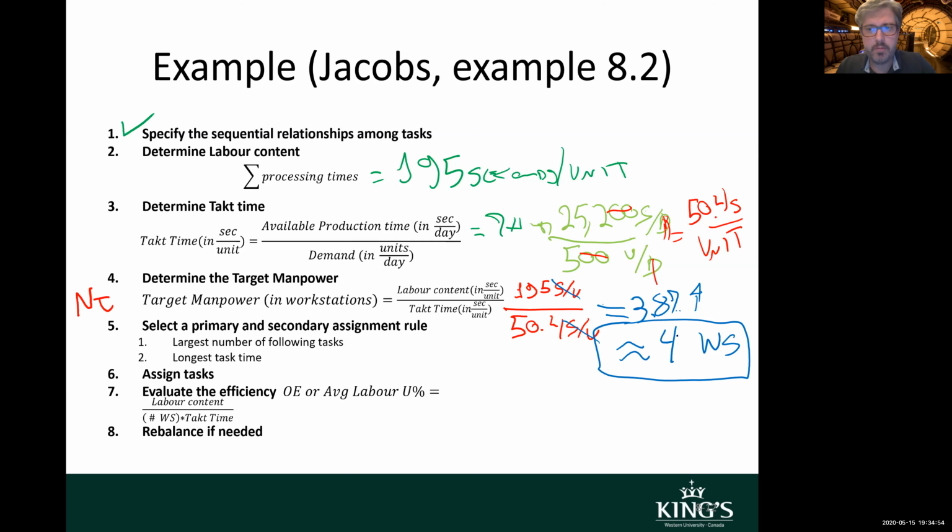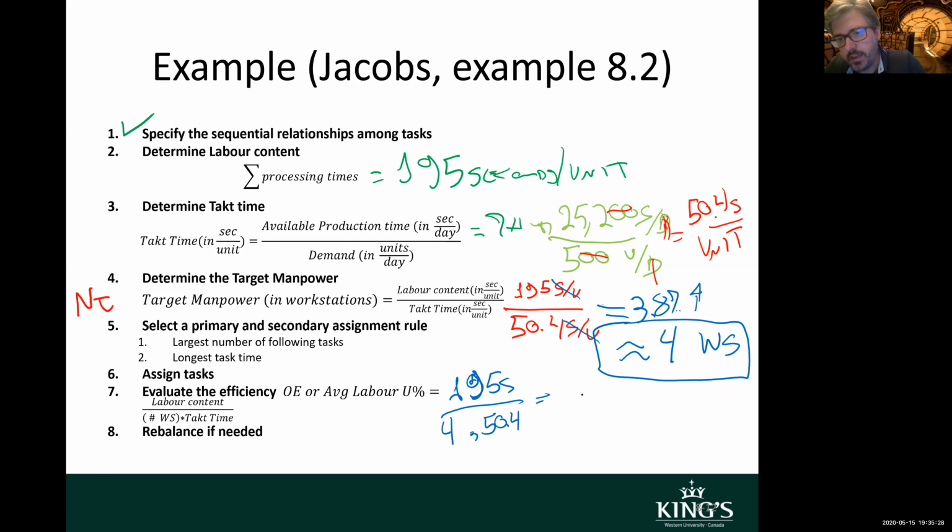Okay, so the labor content is 195 seconds. I'm going to divide that by the number of workstations. So this would be 4. So theoretically, I would have 4 times my takt time. That would be 50.4 seconds. Okay, so theoretically, what would that be? 195 divided by 50.4, and then divide that by 4.